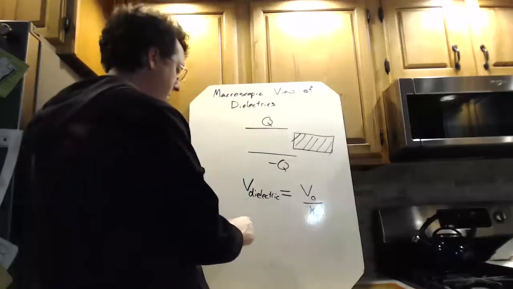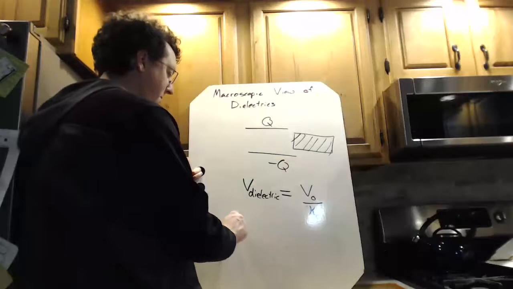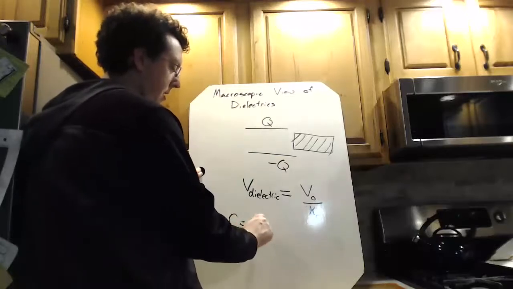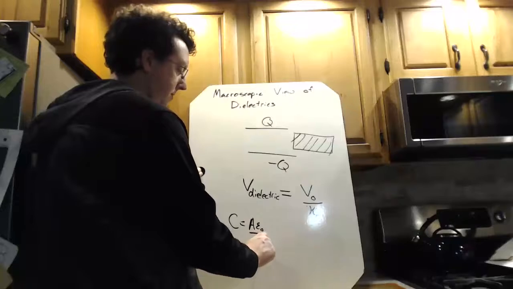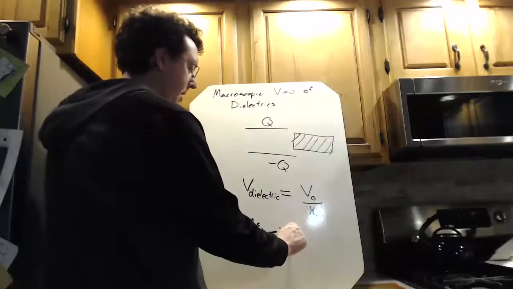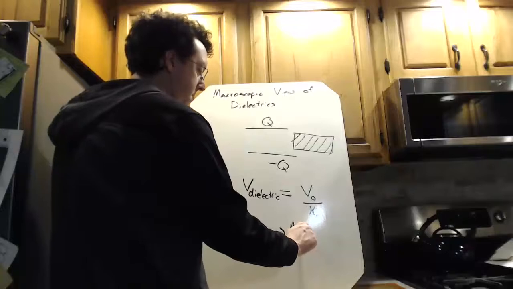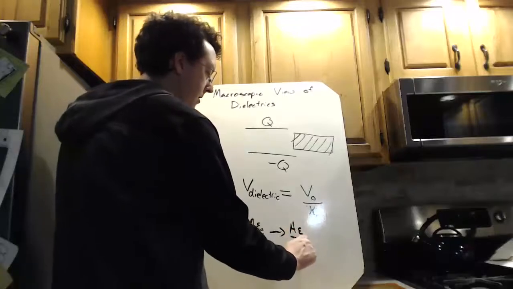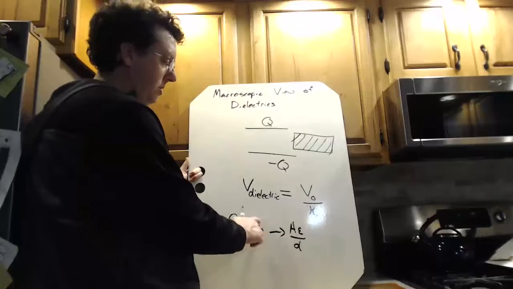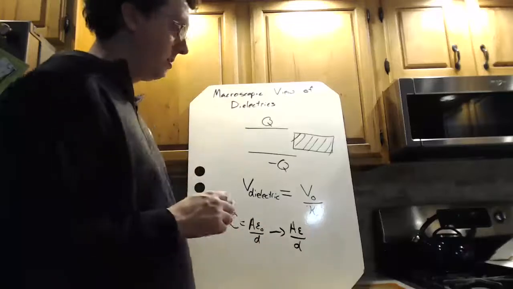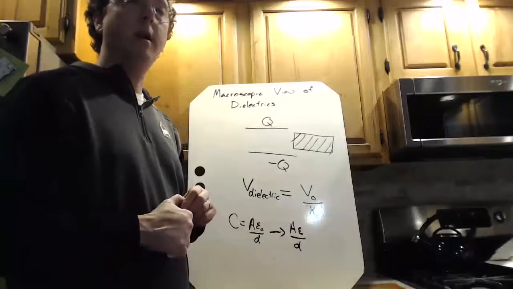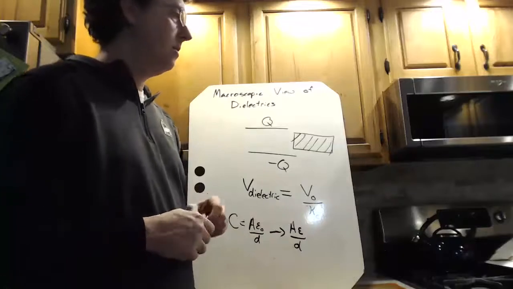So, for example, the capacitance formula, which was A epsilon naught over D, when you have a dielectric material, it just becomes A epsilon over D. The only effect of the dielectric material is to adjust the value of the permittivity. So you don't use the permittivity of free space, you just use the appropriate one for the dielectric material.